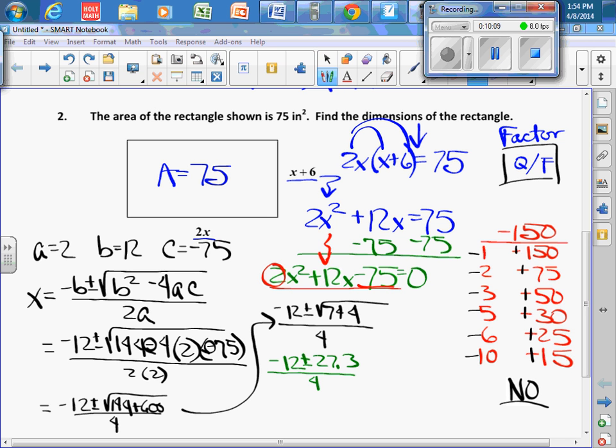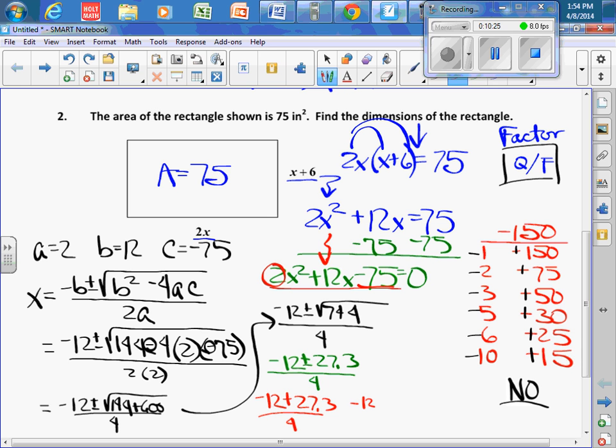Well, take the square root of 744, you get about 27.3. So your answer is either going to be negative 12 plus 27.3 all over 4, or negative 12 minus 27.3 all over 4.